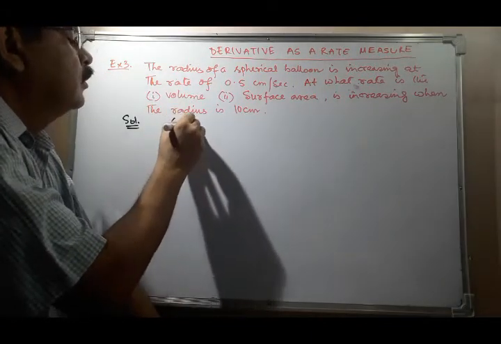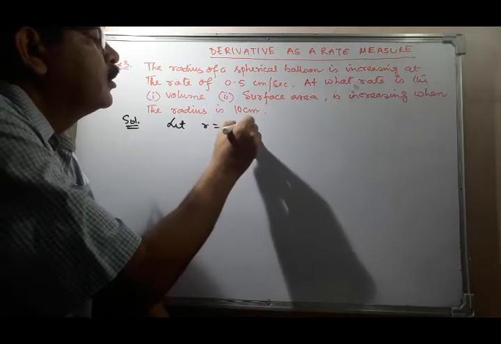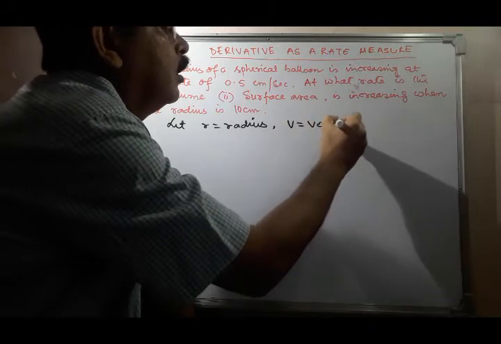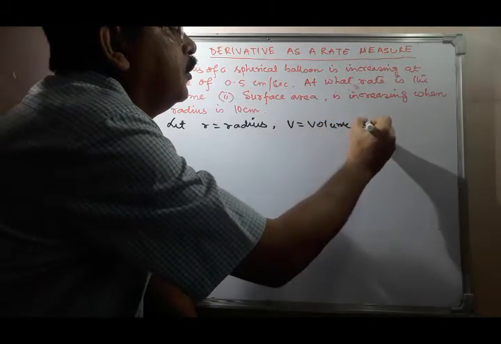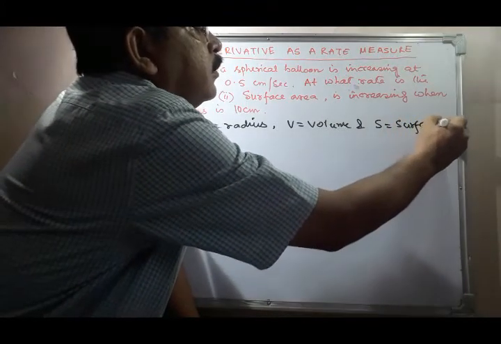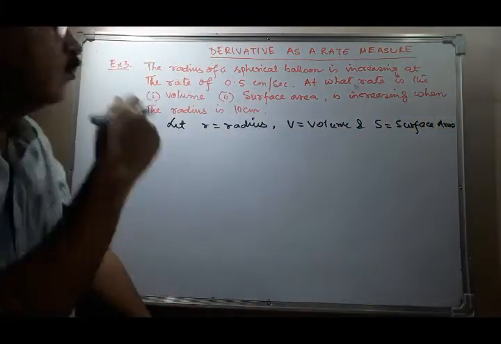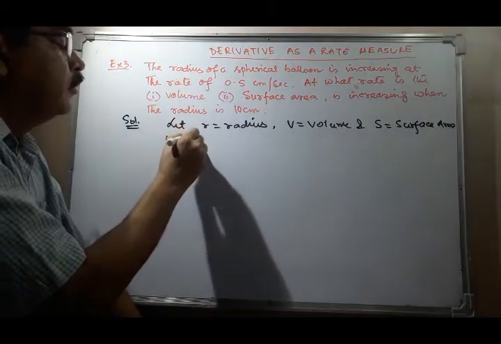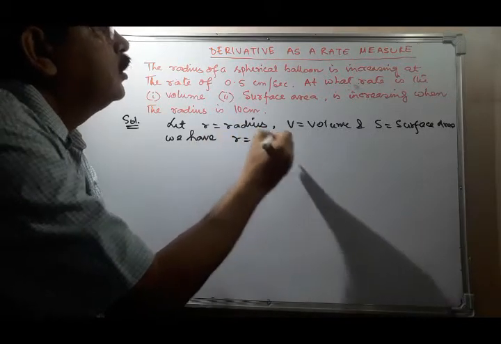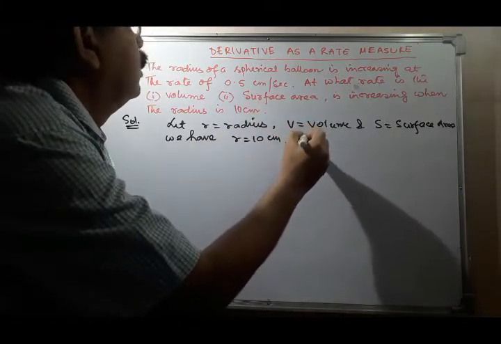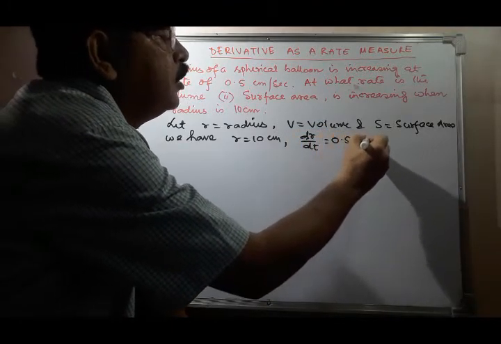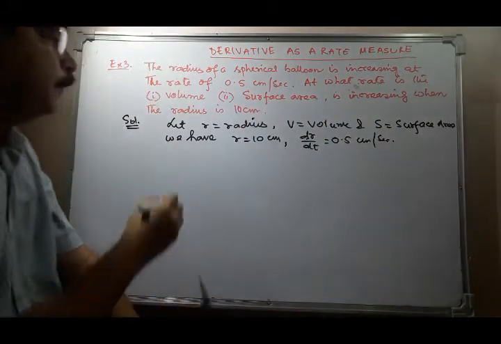Let r is the radius, V is the volume, and say S equal to surface area. So we have radius equal to 10 centimeter and dr by dt equal to 0.5 centimeter per second.